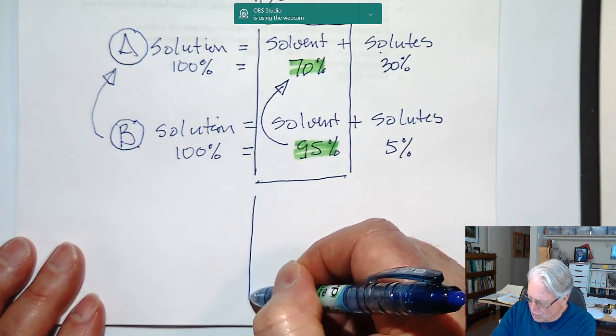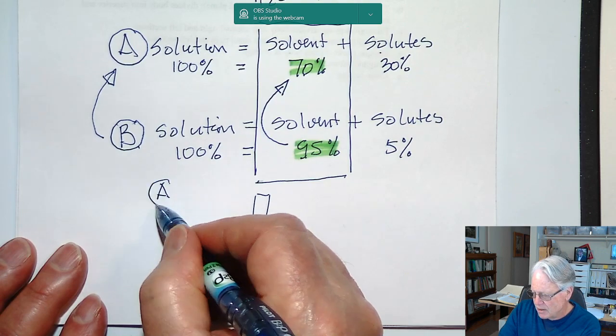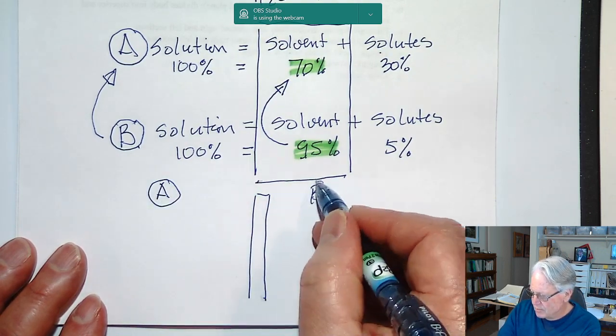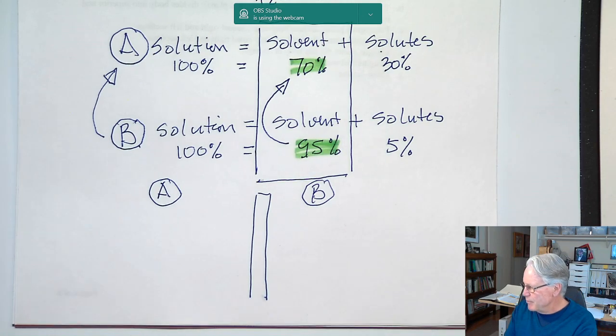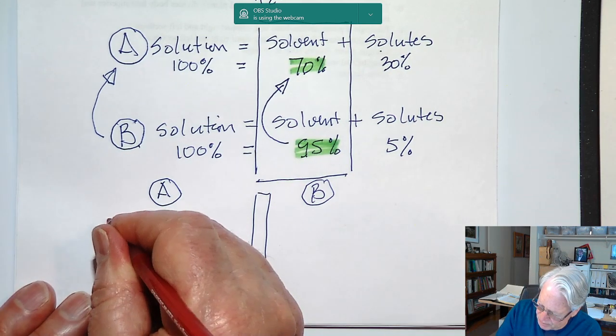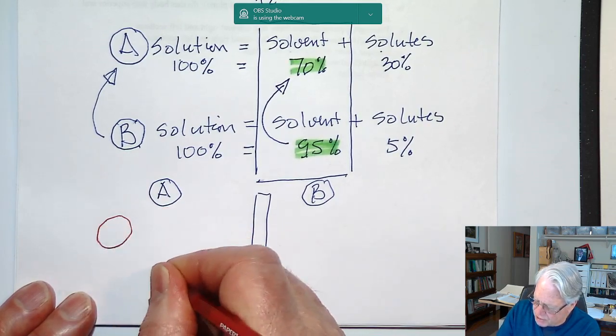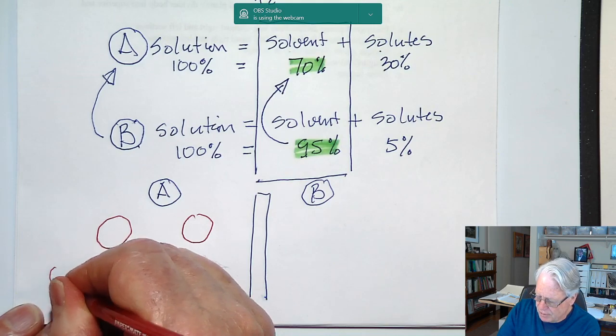So over here, again, this is my A and this is my B. So I'm reproducing what we had up above. And now I'm going to magnify something and really make it big so we can see it more clearly. And I'm going to take these things here and I'm going to say these are my solutes.